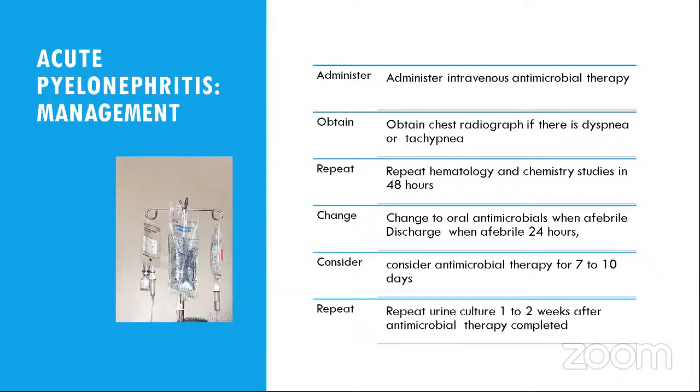Repeat hematology and chemistry studies in 24 hours. That is hematology, hemoglobin, TLC, DLC, or chemistry like creatinine, etc. should be repeated. When the condition improves and antibiotic therapy gives the condition control, then you can go on to oral antimicrobials when the patient is afebrile.